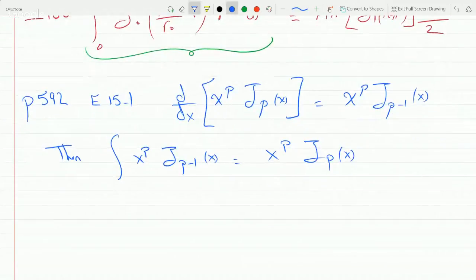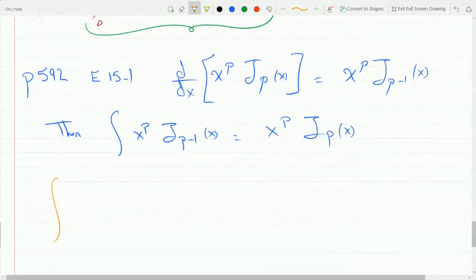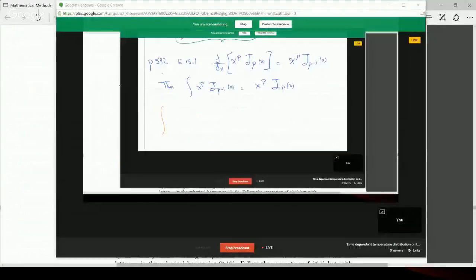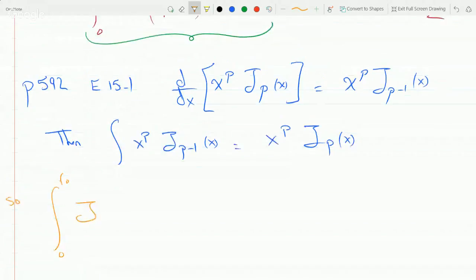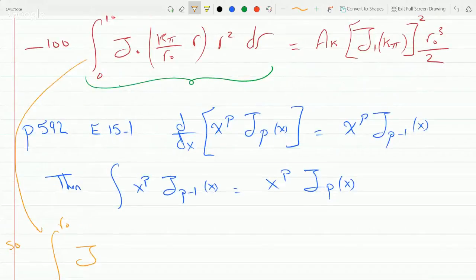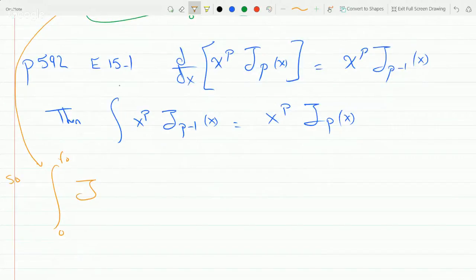Now we're going to use this to evaluate the integral that we got here in green, which is the integral from 0 to r0 of J0 of k pi r over r0, r squared dr. You follow, Ben?